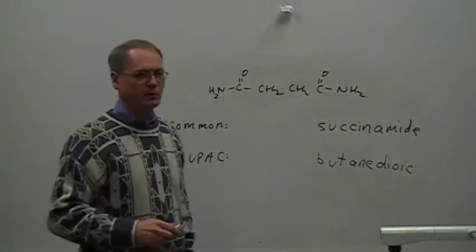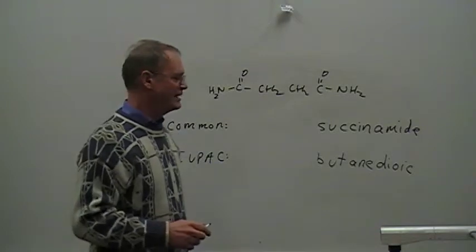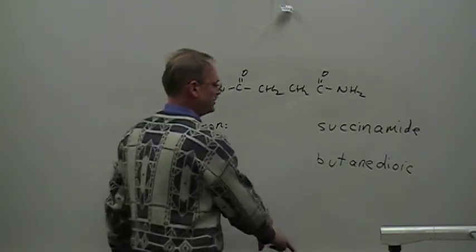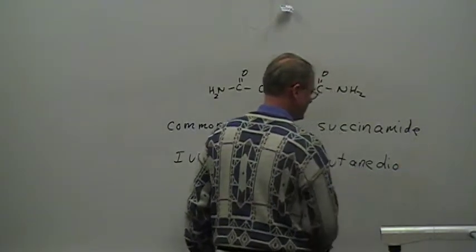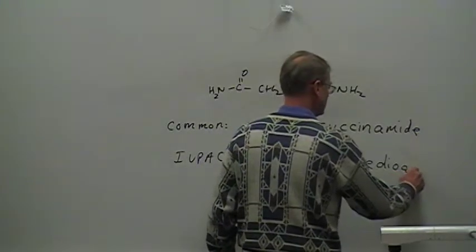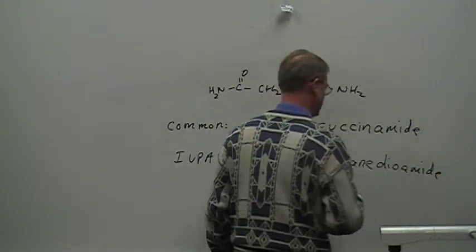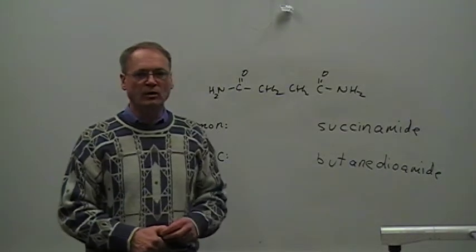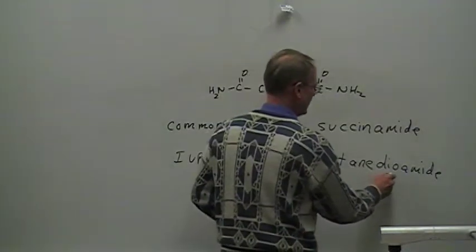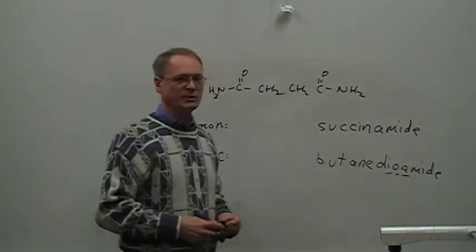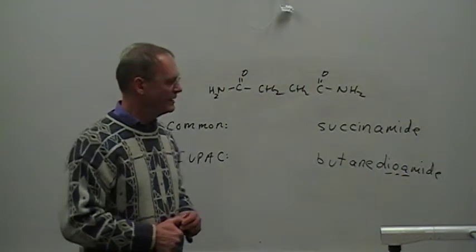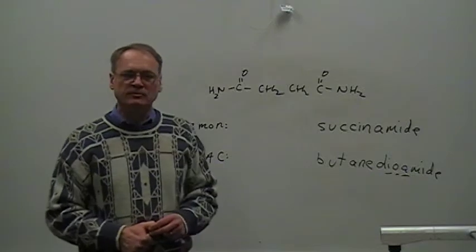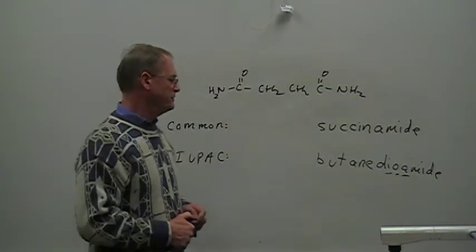We put the little prefix in front of the ending, so it's butanedioic acid. To make it an amide, we're going to change the IC to AMIDE. So it's butanediamide. Notice the IOA, all separate syllables there, is pronounced dioamide or dioamide. You sometimes see it pronounced diamide or diamide.